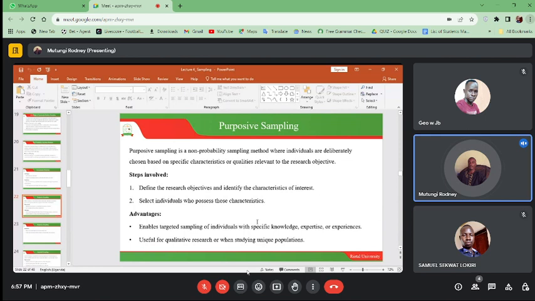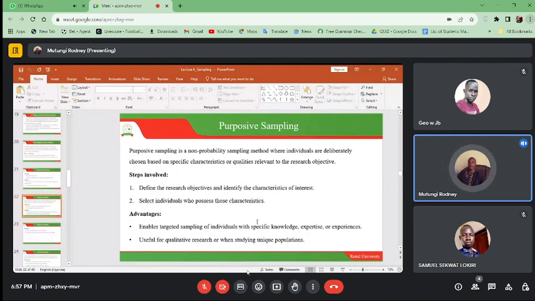Then we also have purposive sampling, and it comes from that word purpose. So there is a purpose that your study wants to achieve, especially from those objectives that you set. Okay. So if you want to know about stunting among children under 5, you need to get that data about nutrition. You need to get that data about malnutrition.